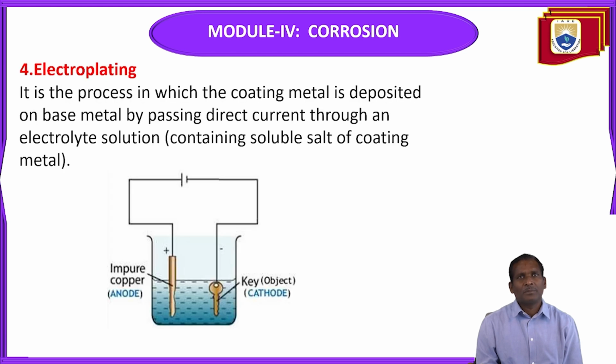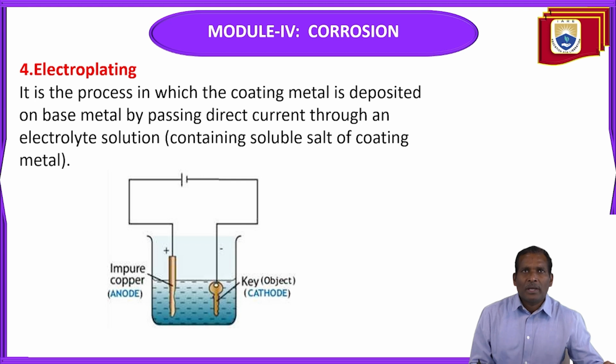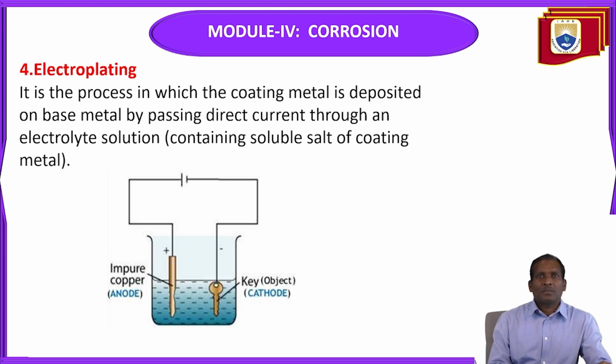Next, electroplating. It is the process in which the coating metal is deposited on the base metal by passing direct current through an electrolyte solution containing a soluble salt of the coating metal.